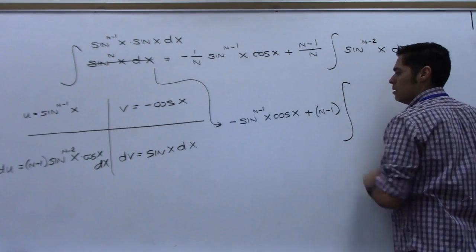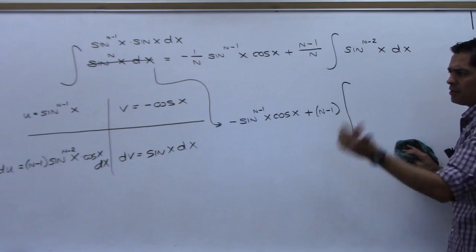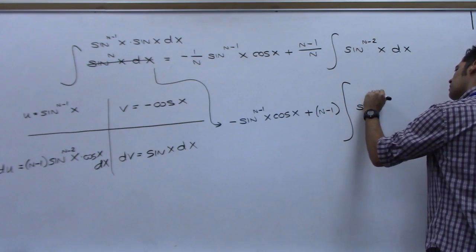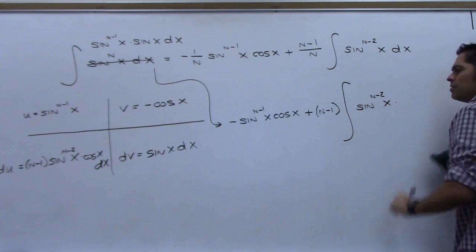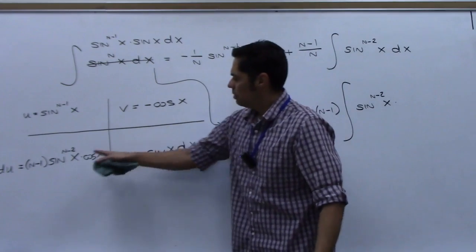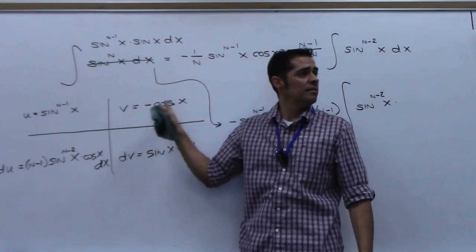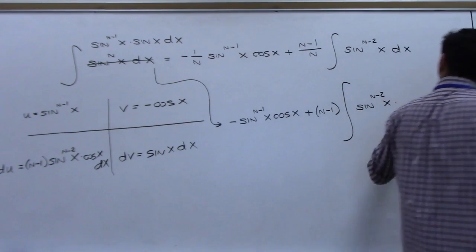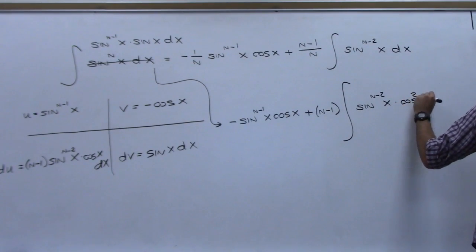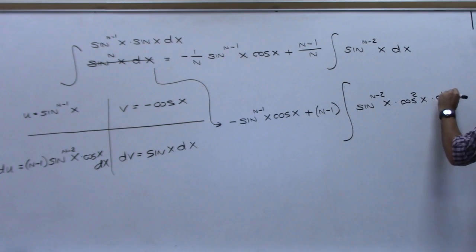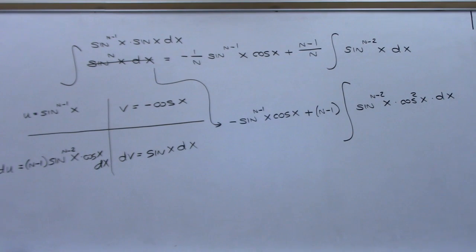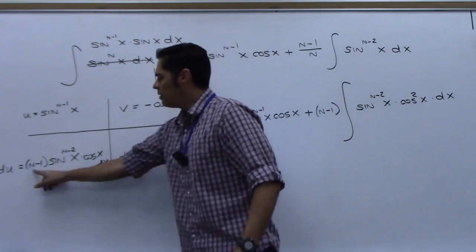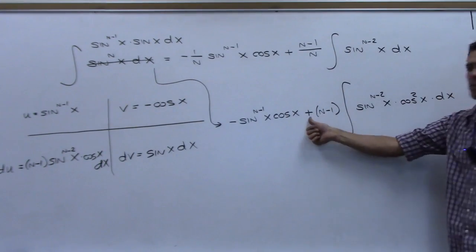Integral. And then all the other stuff. So what? Sine to the n minus 2 x times cosine times cosine. Cosine squared? Times dx. The negative I already pulled out. This negative came with this and came out of the integral, and that's what made this a plus.